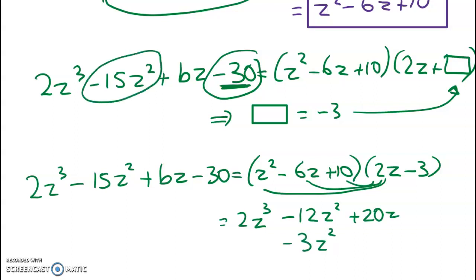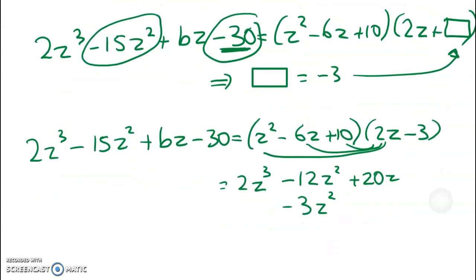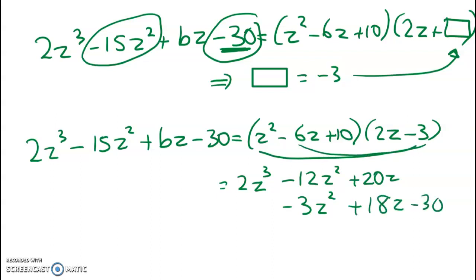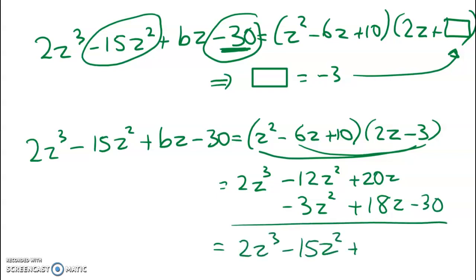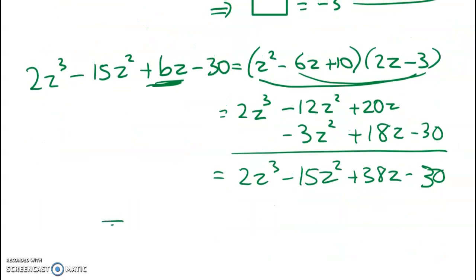So that's matching up to that, which is a good thing. Plus 18z minus 30. That gives me 2z cubed minus 15z squared plus 38z minus 30. And look back at what we needed to find. We had to find b. So b is equal to 38.